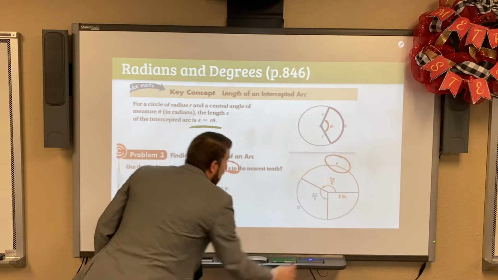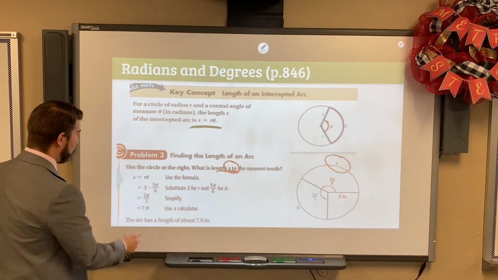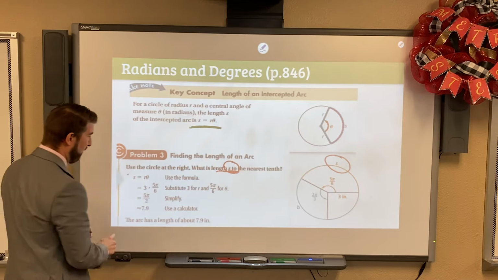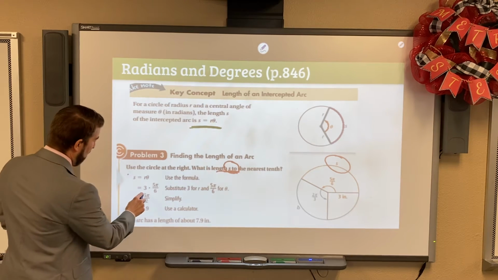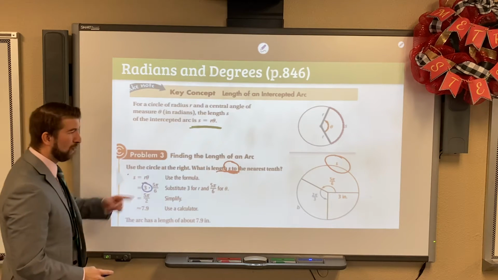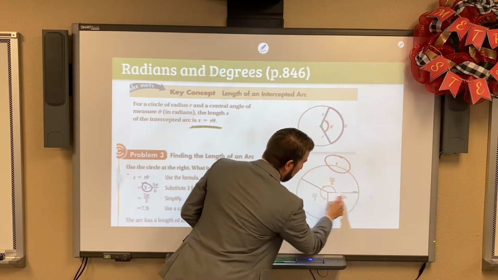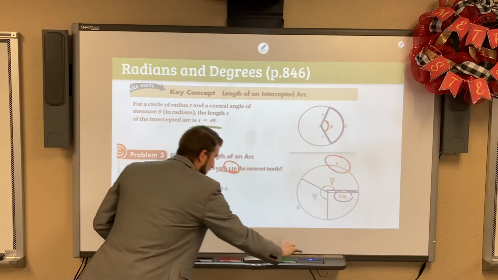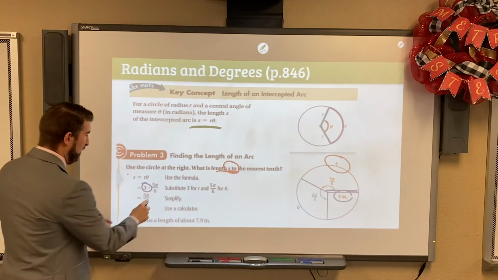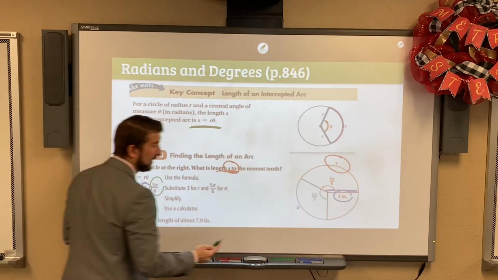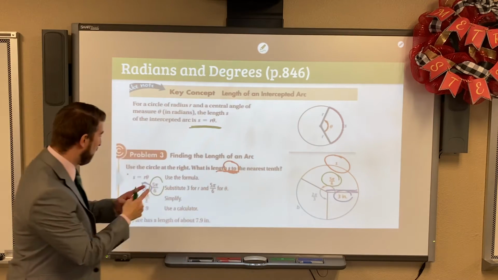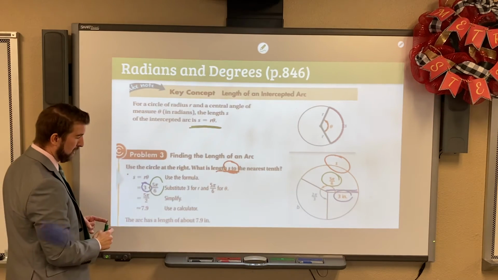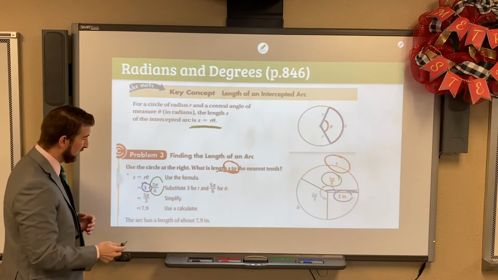So all you have to do is substitute. We have our formula, and we're just going to plug things in. The 3 is our radius. They get that from right here. Radius of 3. Our theta is 5 pi over 6, and this is written in radians. I'm just going to multiply these two together, and I can use my calculator for this.